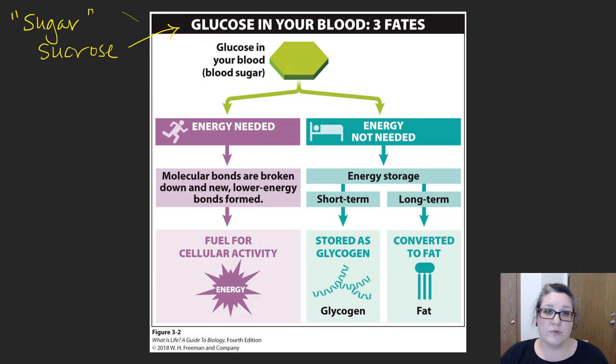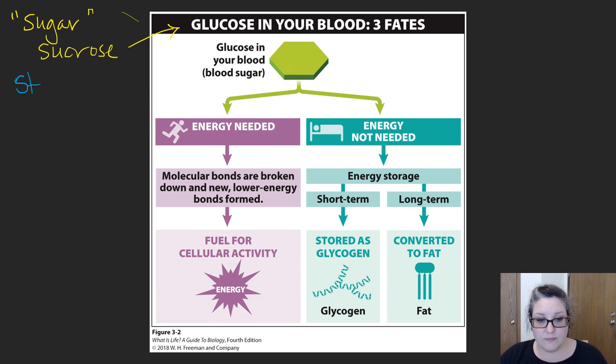We can also find glucose in fruits, but I don't think many of us eat all that much fruit and can get a ton of it from that. But we also get it from things that we eat that are starchy, because starch is made of sugars. We'll talk more about that later.